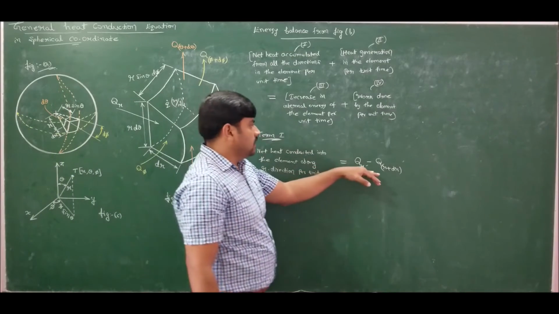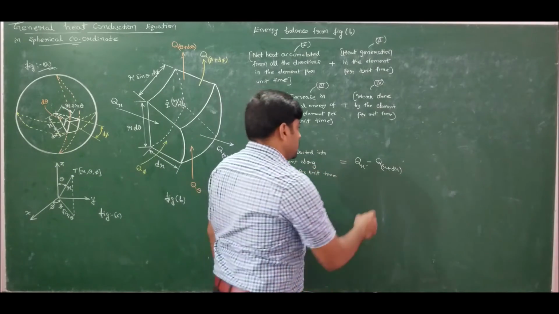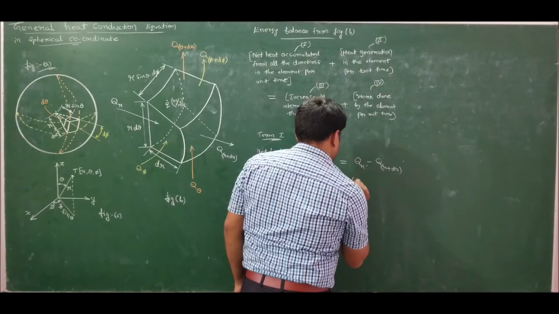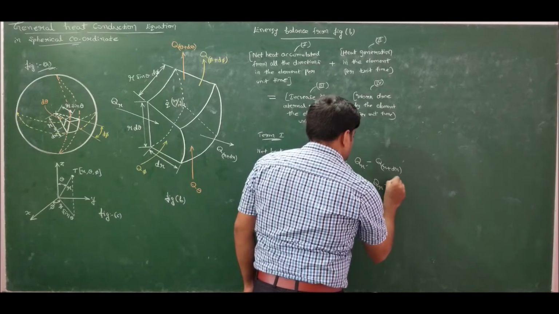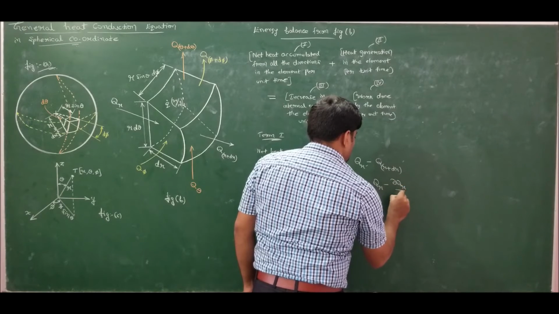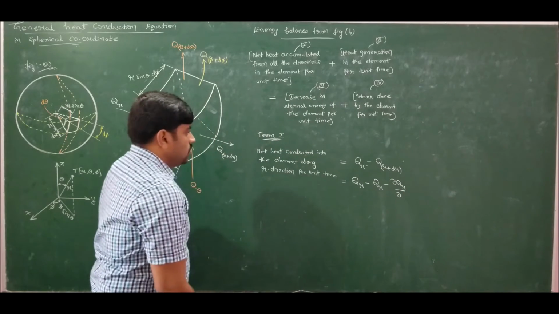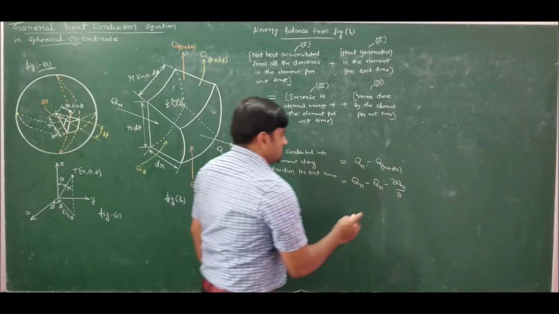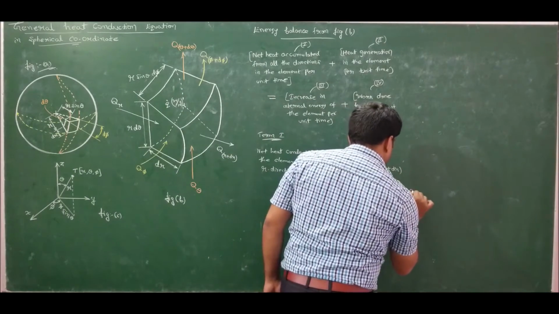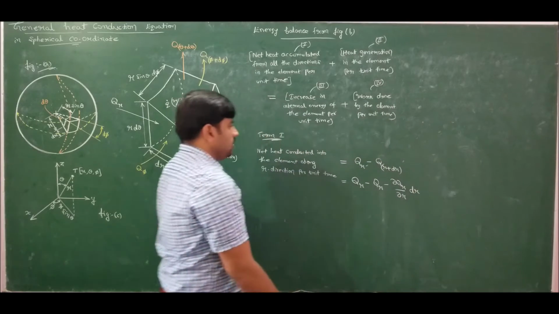Q r is conducted, Q r plus dr is leaving. So this can be written as, you people already know, Q r minus dou Q r by dou r into dr.